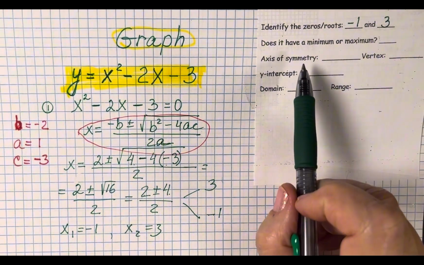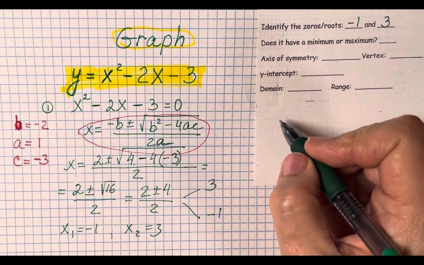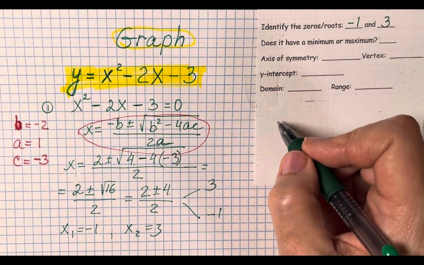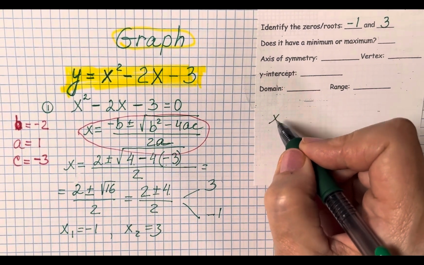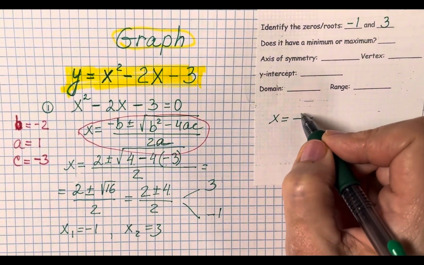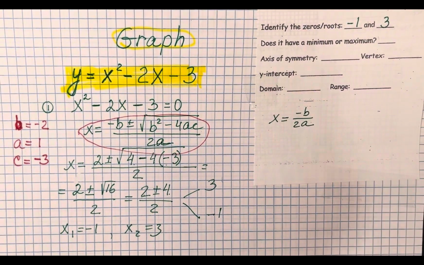Now, we will talk about the axis of symmetry, right? Remember the axis of symmetry. To find the line of symmetry, we apply the formula x equals -b over 2a, correct?